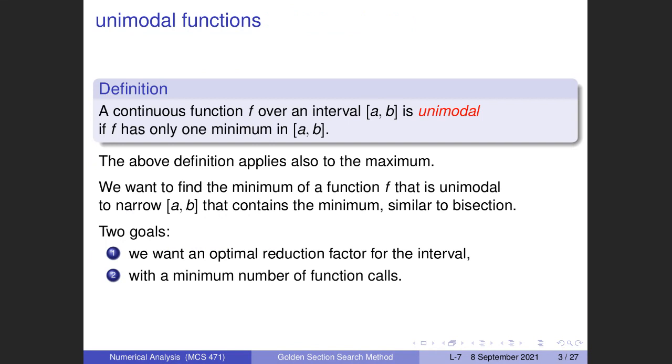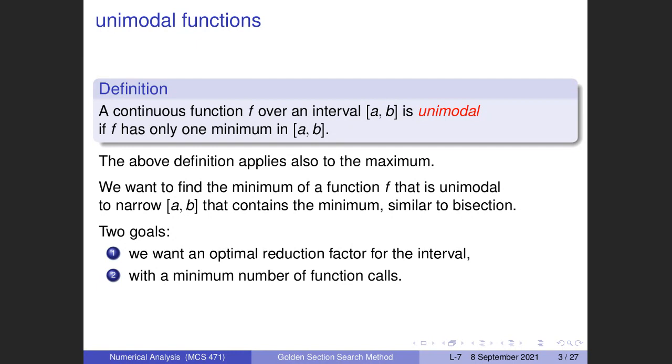Well, we have a function that is continuous over an interval, and we call it unimodal, in the sense that there is only one minimum in that interval. So unimodality also applies to the maximum, but throughout this lecture we will search for the minimum.